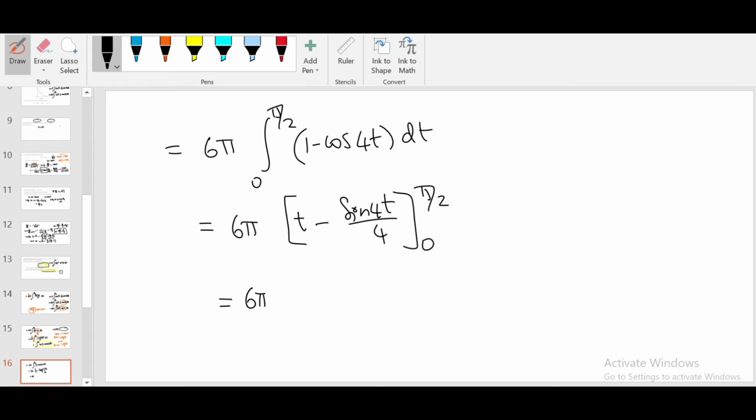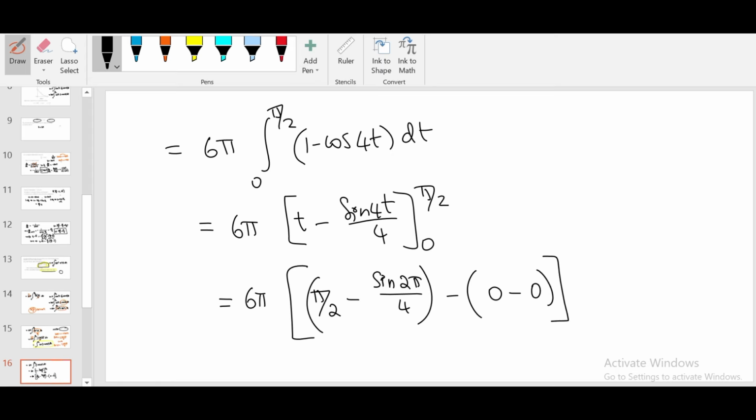Replace t by the upper limit pi over 2, you will get pi over 2 minus sin 4 times pi over 2 is 2 pi by 4, that's upper limit, minus, replace t by 0, the lower limit, 0 minus sin 0 is also 0.